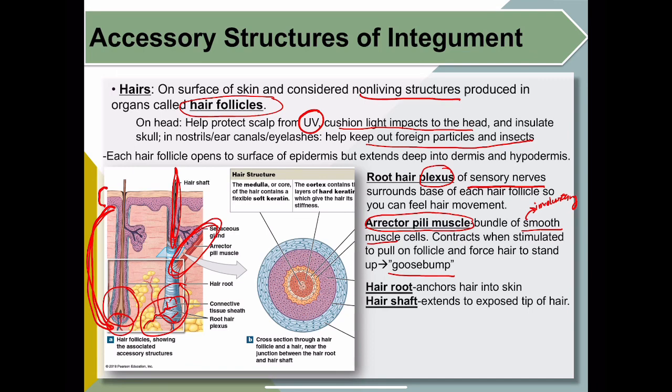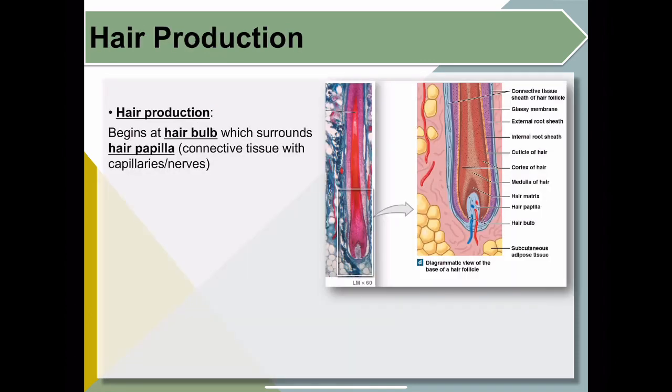Okay, and then you have hair root and hair shaft. Okay, hair root is just the base of your hair going towards the hair follicle region, and then your hair shaft is right here, which extends to that exposed tip of the hair. Okay, hair root anchors your hair to the skin. Okay, all right.